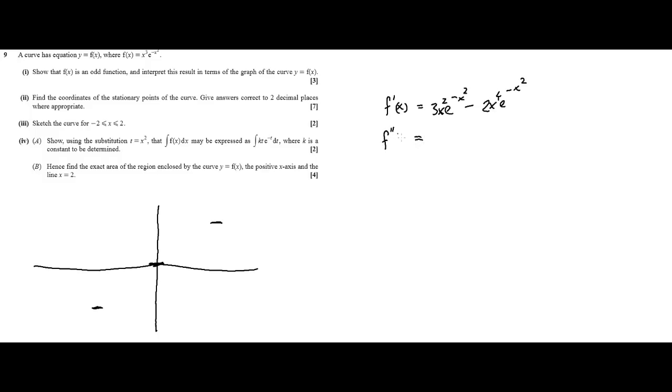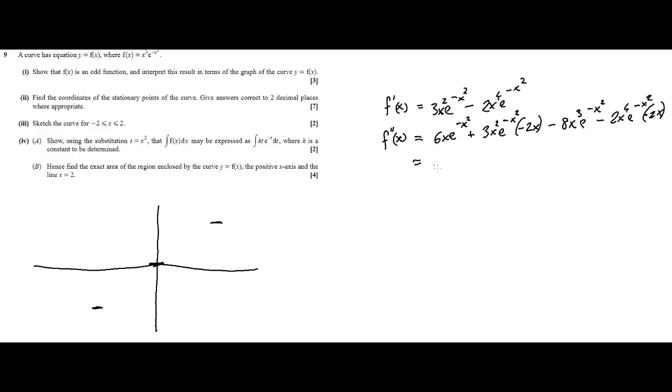So if we differentiate twice, f dash dash x, we again apply the chain rule. 6x e to the minus x squared, plus 3x squared e to the minus x squared times minus 2x, take 8x cubed e to the minus x squared, take 2x to the 4 e to the minus x squared times 2 minus 2x.